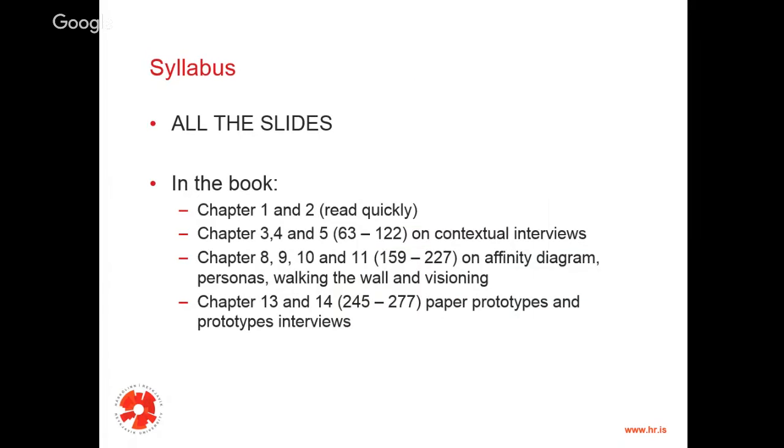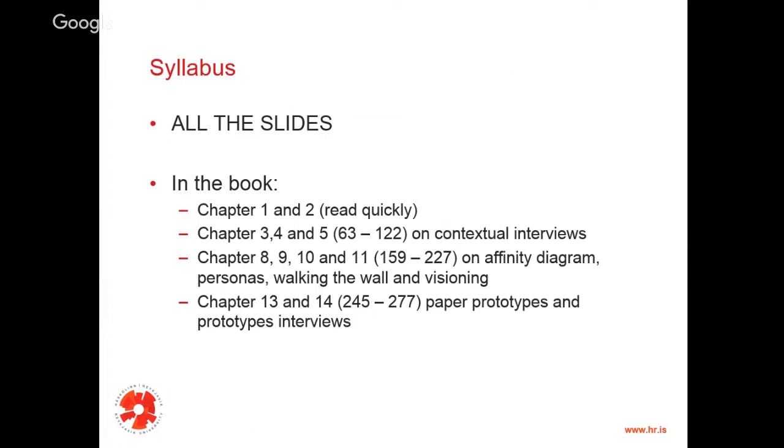Okay, learning material. Like I said, it's all the slides. And then the chapter 1 and 2, we didn't go through that very thoroughly, but I think it would be nice for you to read quickly through it. But then chapter 3, 4, and 5, they explain contextual interviews.